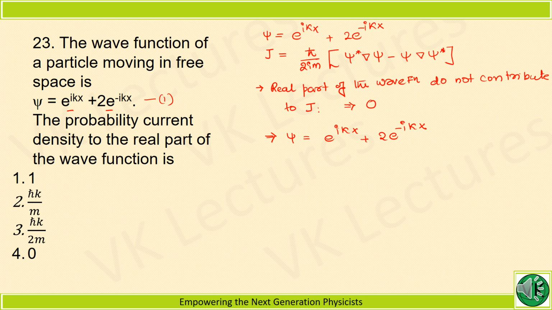Then del psi equals e to the power ikx times ik plus 2 e to the power minus ikx times minus ik.